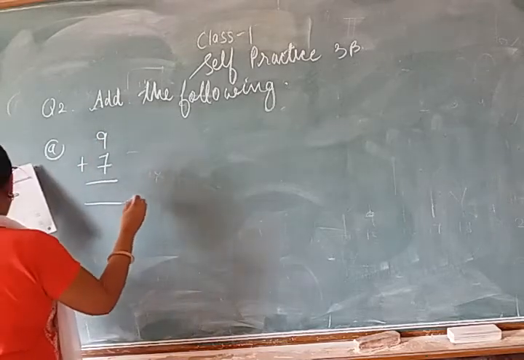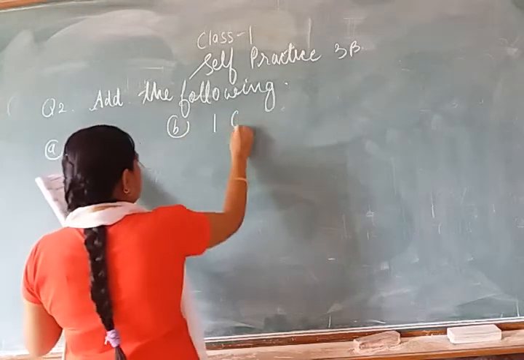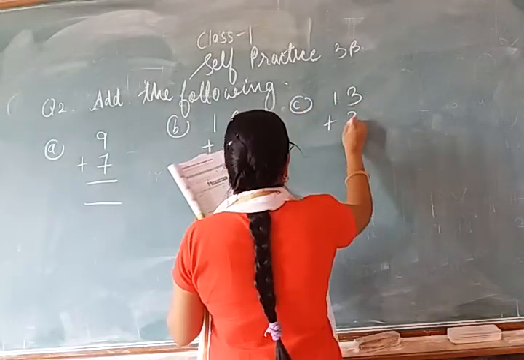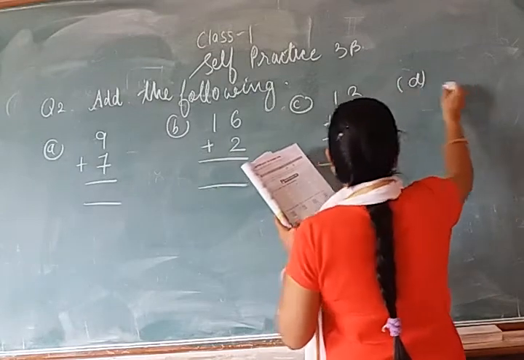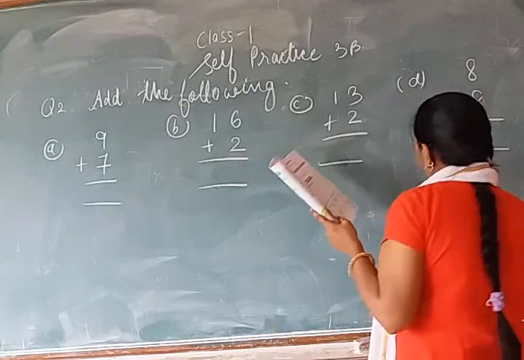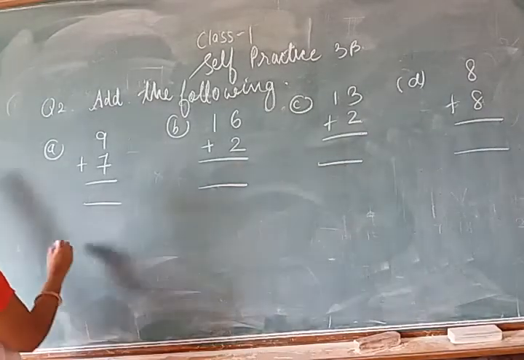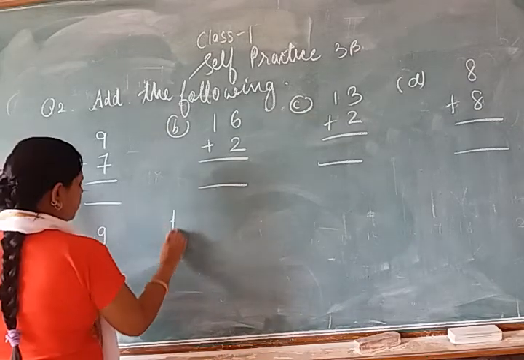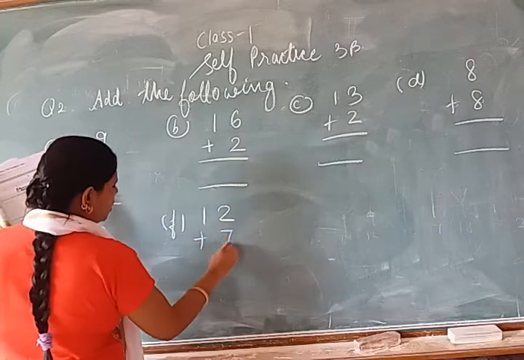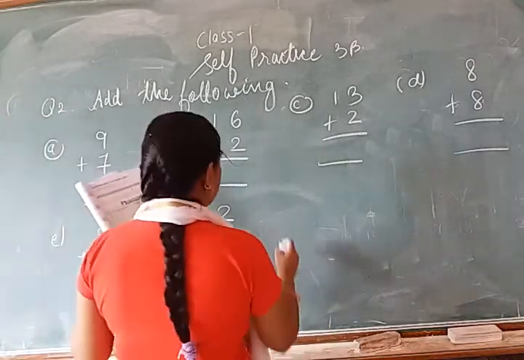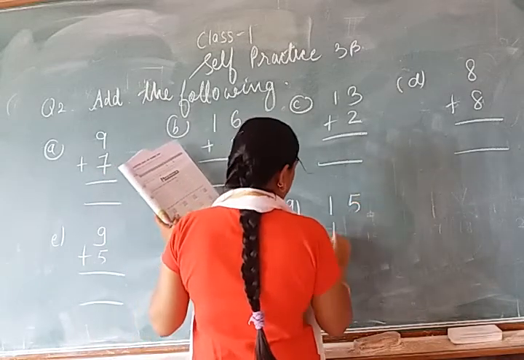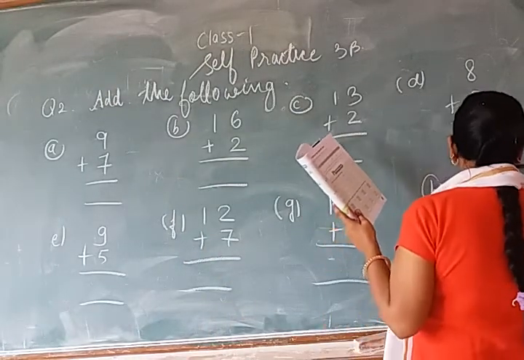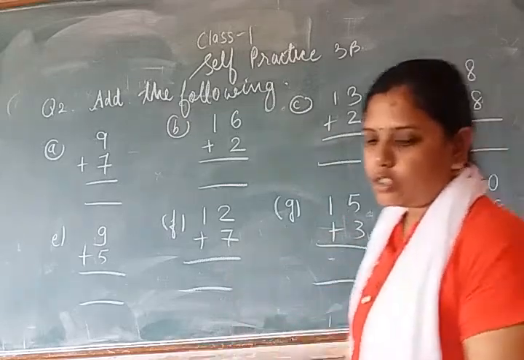A. 9 plus 7, B. 16 plus 2, C. 13 plus 2, D. 8 plus 8, E. 9 plus 5, F. 12 plus 7, G. 15 plus 3 and H is 10 plus 8. Okay, so you also first copy all the questions.